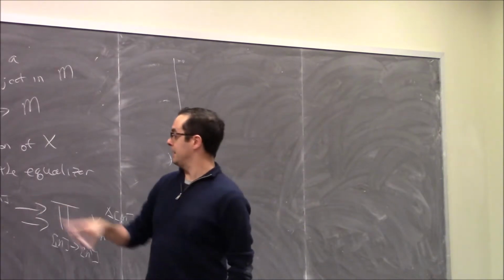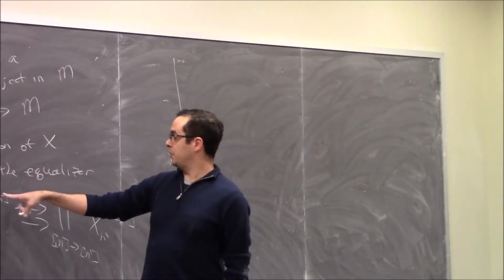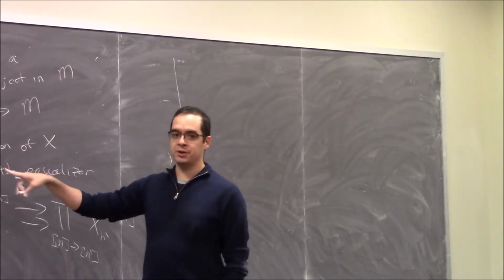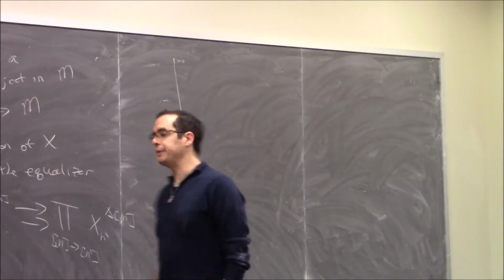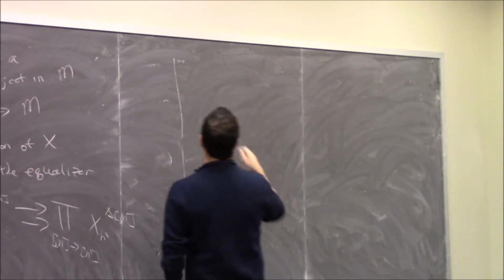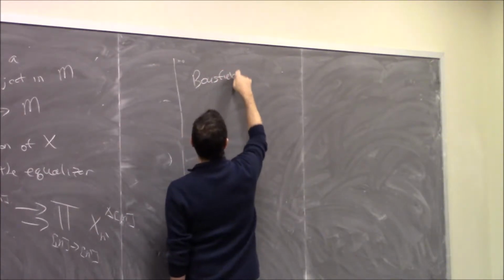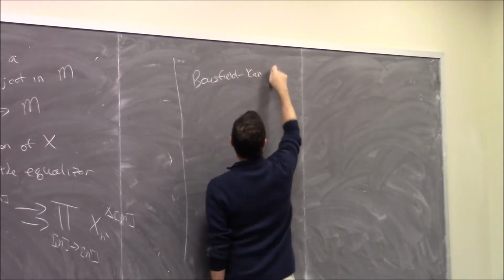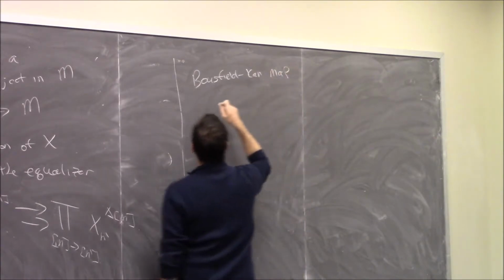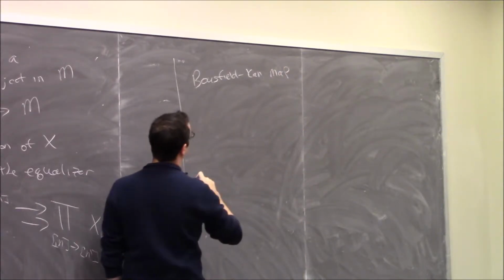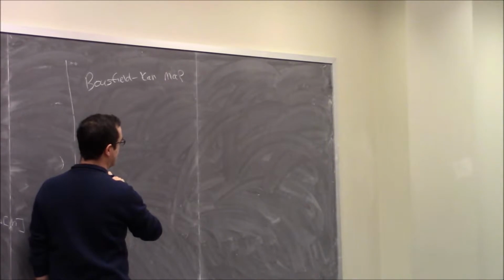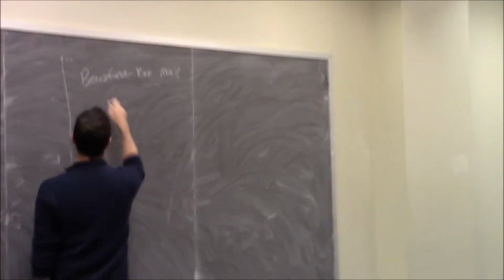Okay. And we can define a map from the totalization to the homotopy limit. To do that, we can define the Dwyer-Kan map.